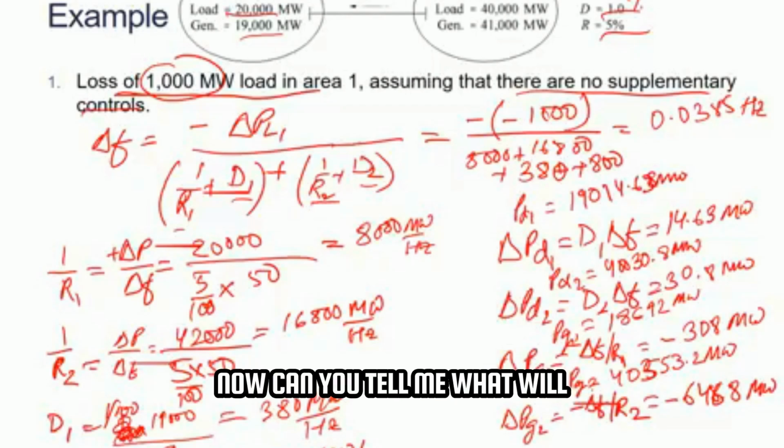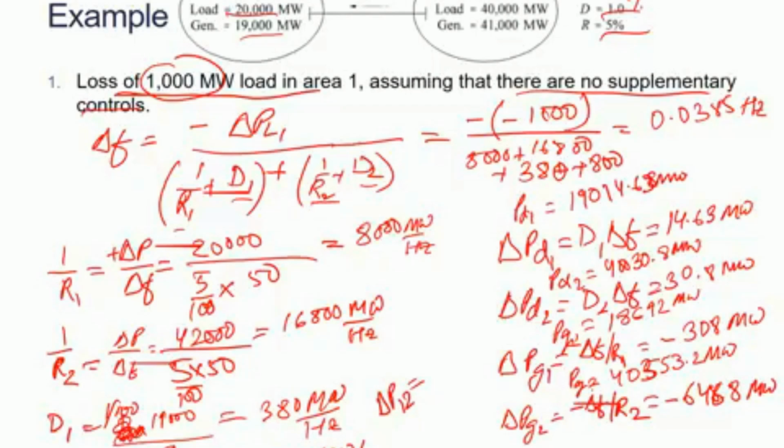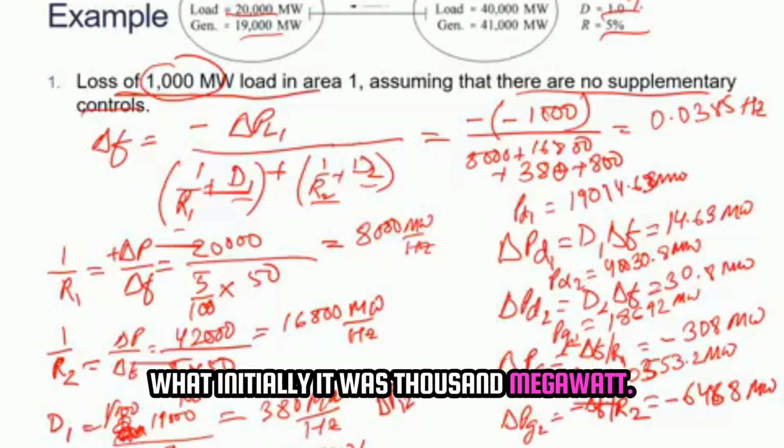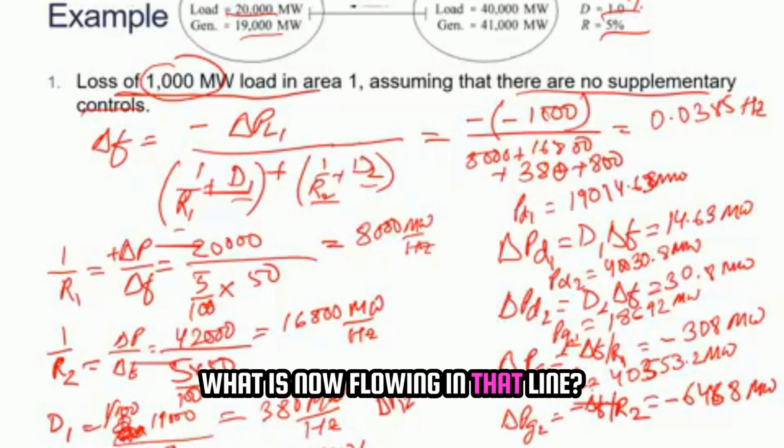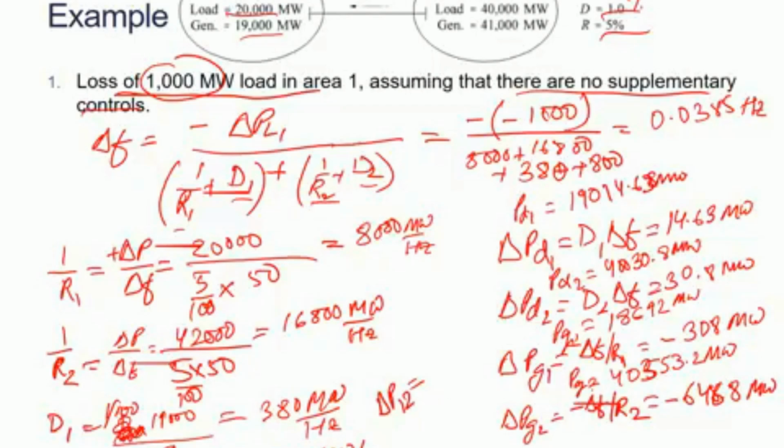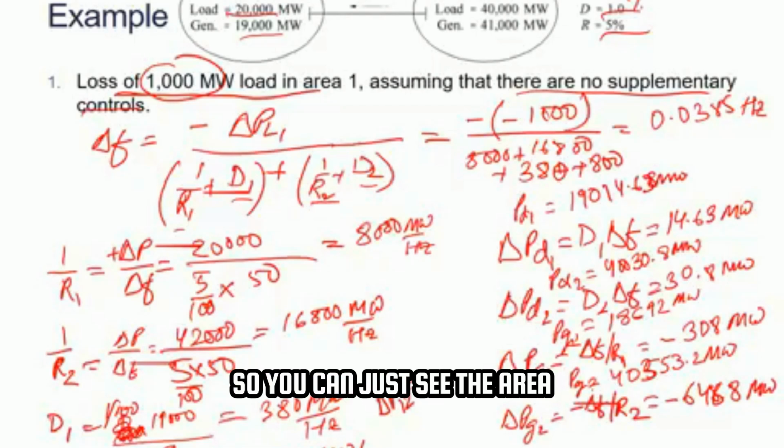Now, can you tell me what will be the value of delta P12? Initially it was 1000 megawatt, so what is now flowing in that line? You can just see how much area 1 is importing.